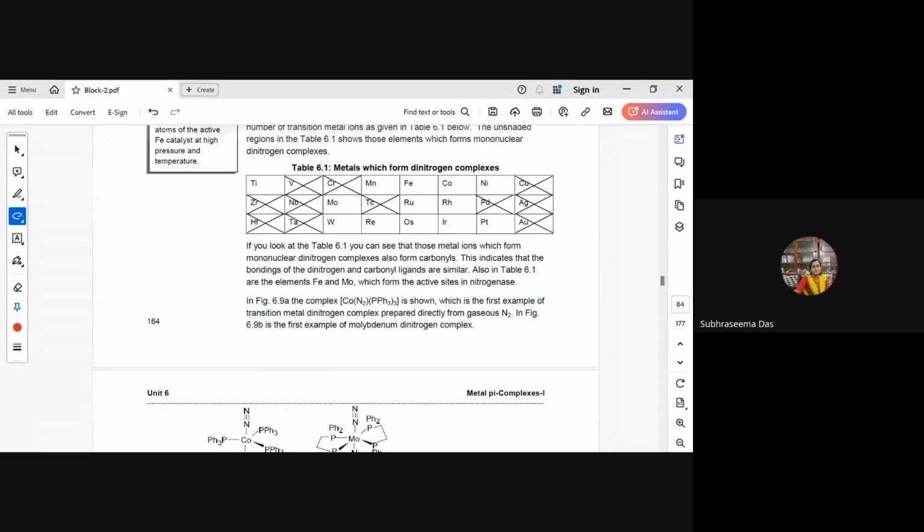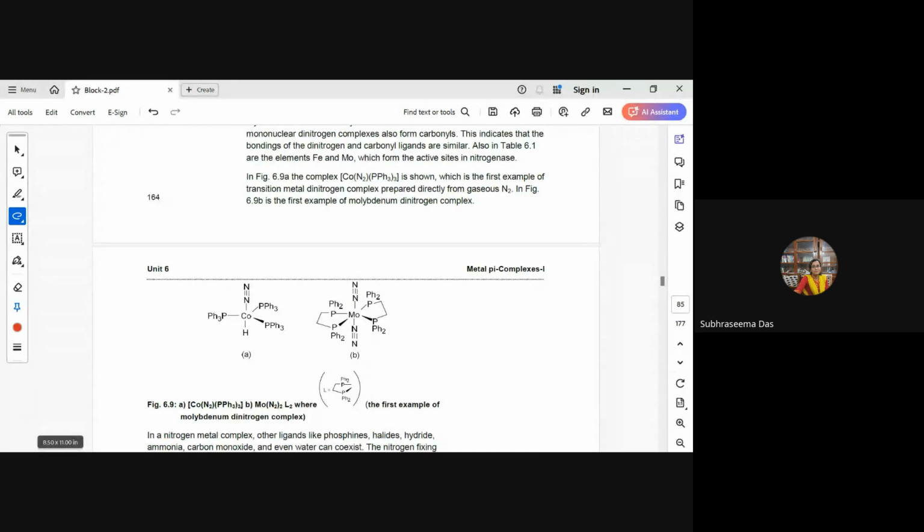When we look into figure 6.9a, here a complex is shown with cobalt, which is the first example of a transition metal dinitrogen complex prepared directly from gaseous N2. This complex, Co(N2)(PPh3)3, was directly prepared using gaseous N2. In figure 6.9b, this is the first example of the molybdenum dinitrogen complexes.